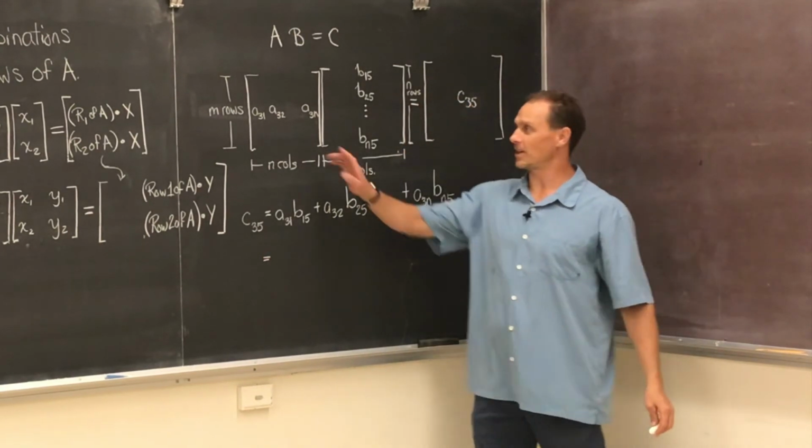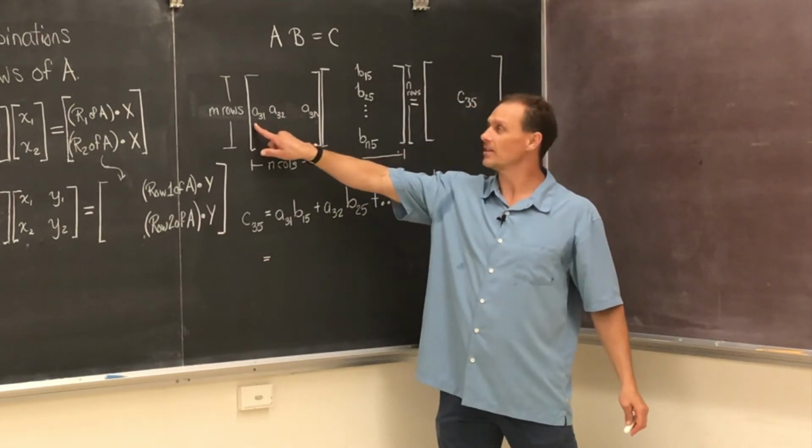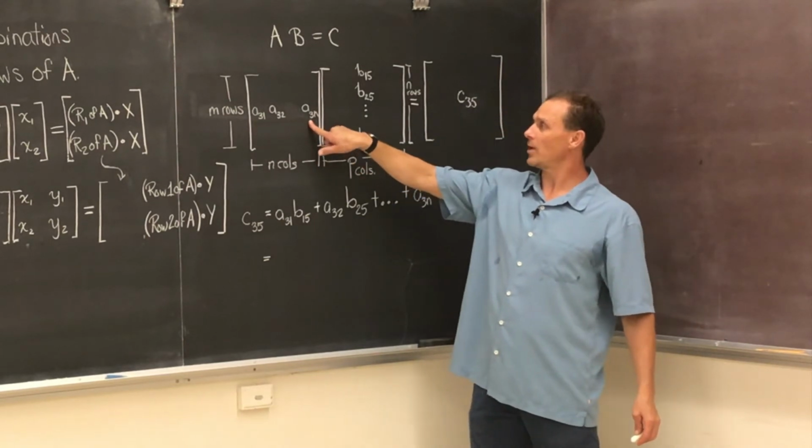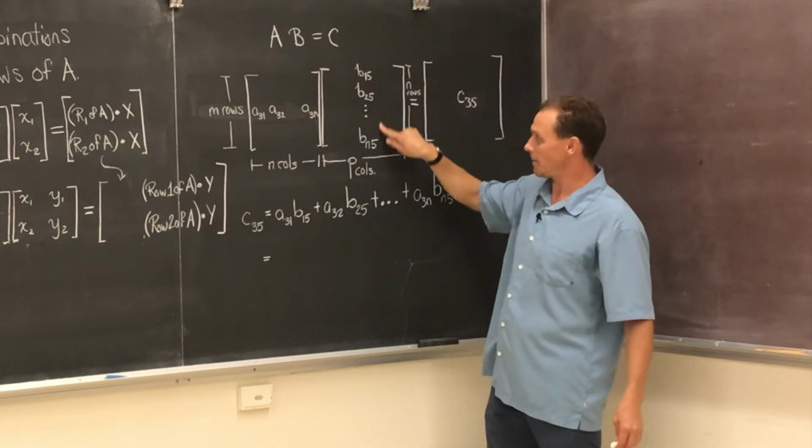So what we've done is we've taken the dot product of row 3 with column 5.